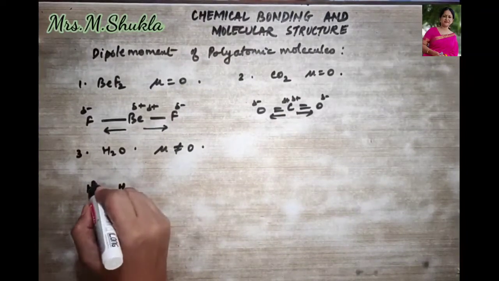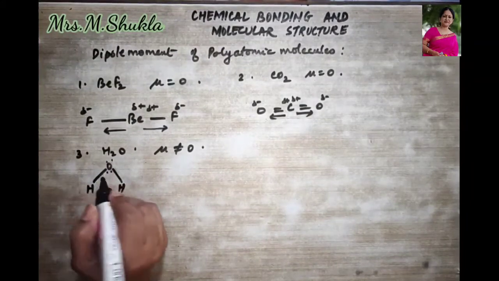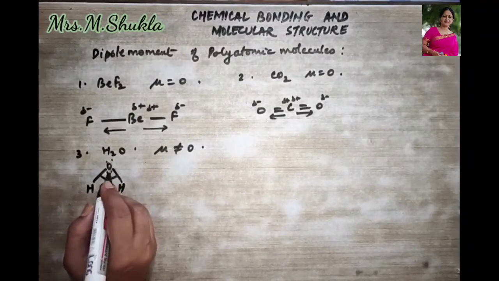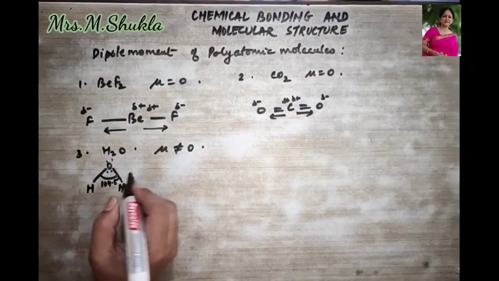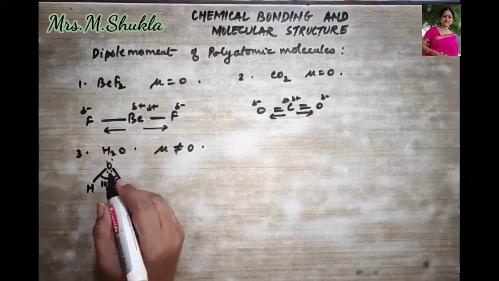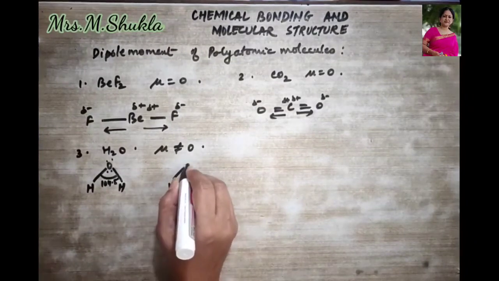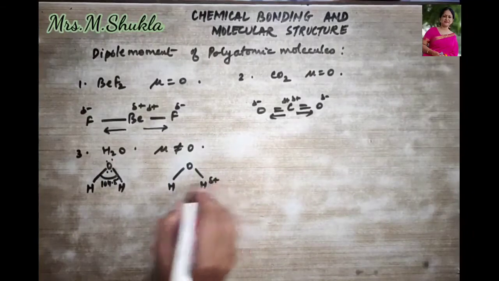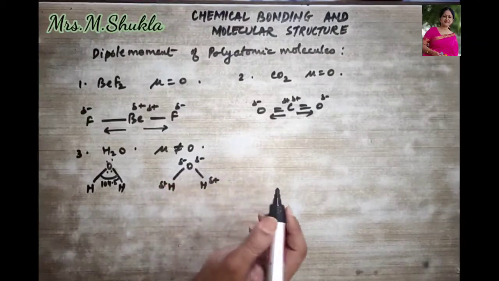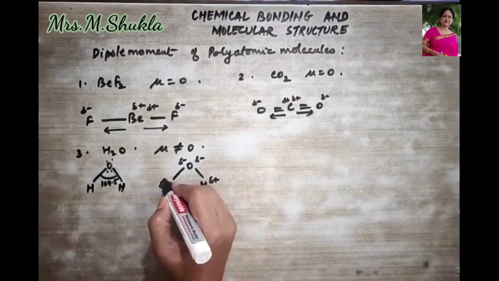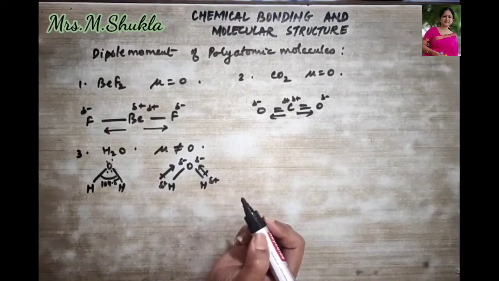Hydrogen, hydrogen, and they combine with oxygen, which also has a lone pair, and this is formed at what degrees? 104.5 degrees. Clear? Now look at the charges present on it. I'll draw it separately to show it to you clearly. This is electropositive, this is electropositive, this side electronegative, right? So from positive to negative, from positive to negative.